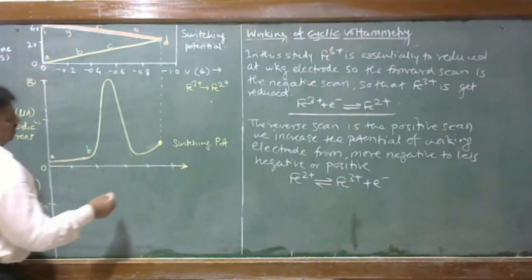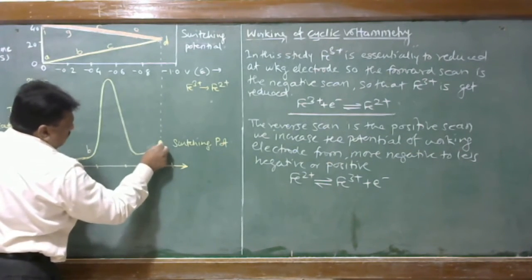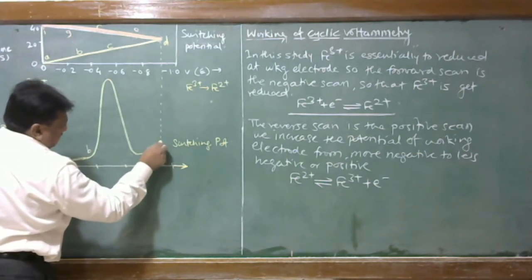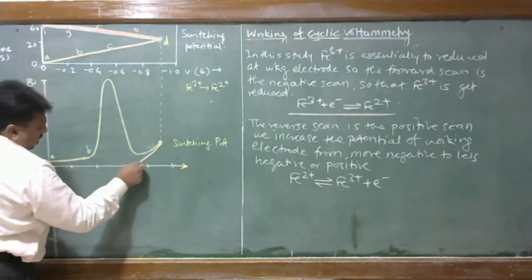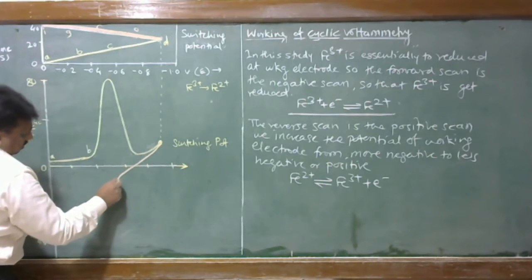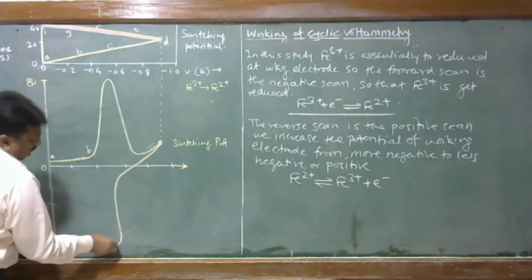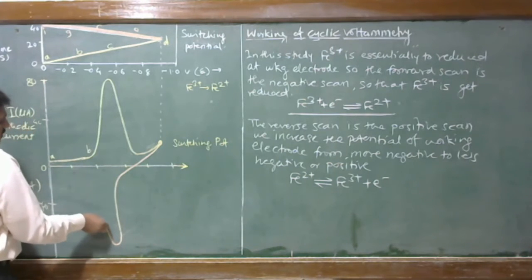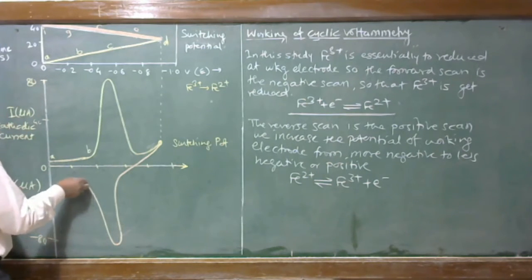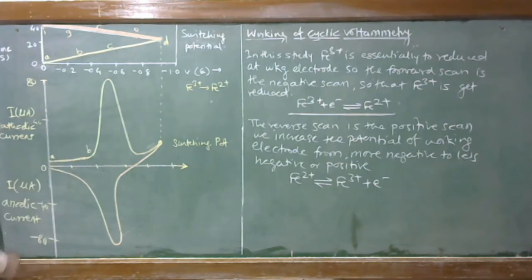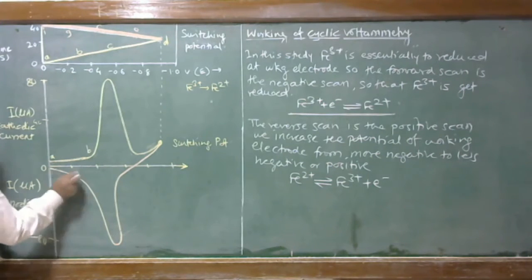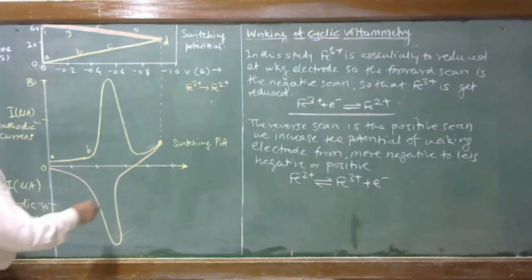Now here, when the potential of the working electrode is scanned in the opposite direction, again we have another wave on the counter side of this cathodic current, and that is because of the oxidation of analyte.